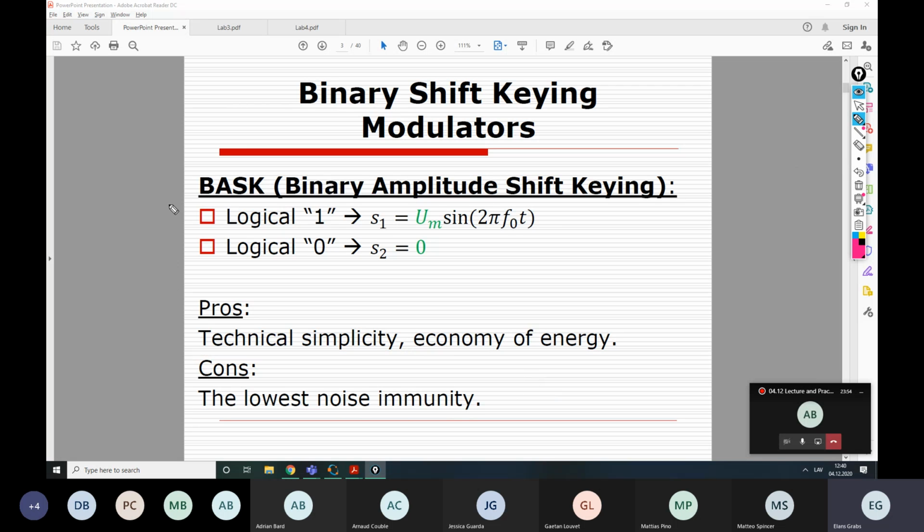So how can we generate a binary amplitude shift keying signal? First, we must understand logically how it works. The idea is to convert the logical 1 signal to a harmonic oscillation waveform of some specific carrier frequency f0. That is our carrier, of which we have talked previously, that we can use different frequencies for different systems. We use certain frequencies for Wi-Fi, certain frequencies for radars, and for GSM, and for GPS, and so on and so on.